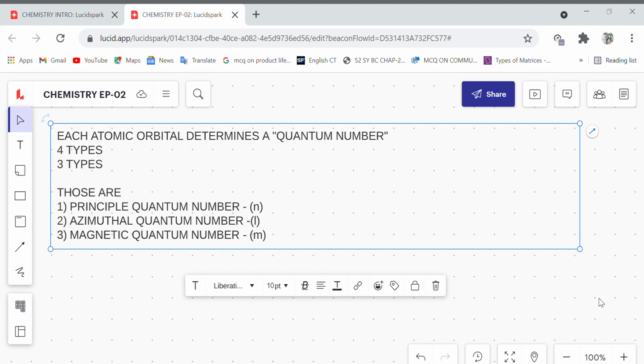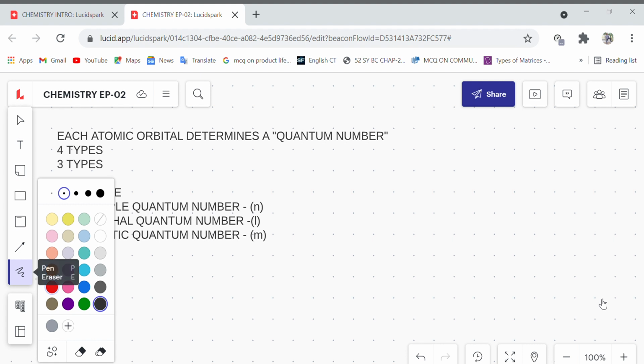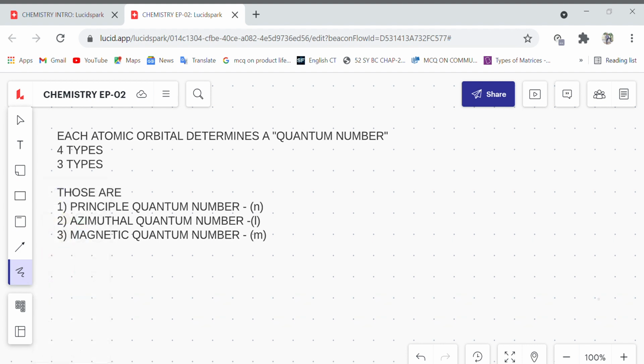Can anyone say in the comments what is the work of the azimuthal quantum number? Just think, don't search the web. You must have studied it in class 11th or 12th. It's much more important over here. Forgot? Okay.